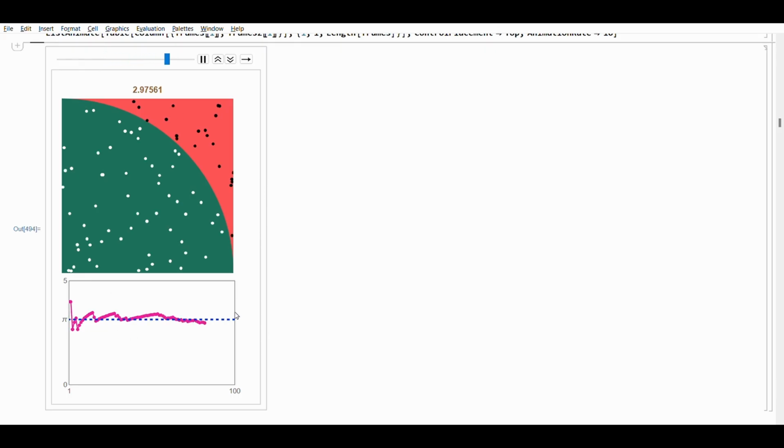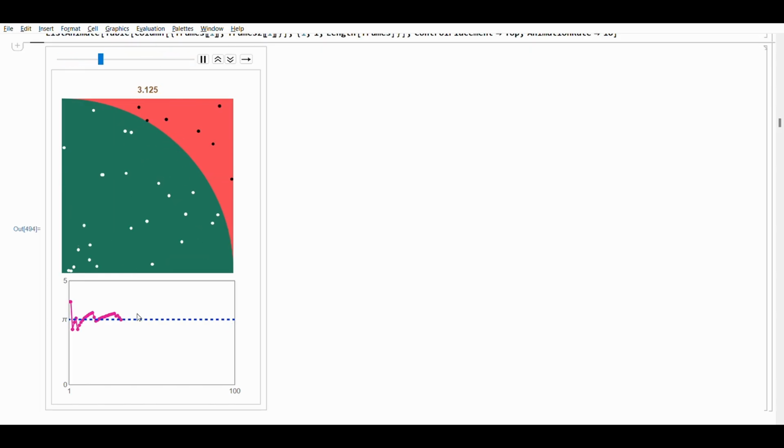So this blue dashed line is the value of pi, and these pink points are basically the approximation of pi as the number of points increases. The x-axis is the number of points. I have taken 100 points, and as you can see, it fluctuates randomly about pi. There is no particular sequence because I am randomly throwing in the points.